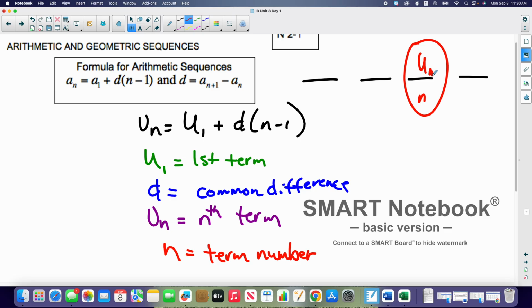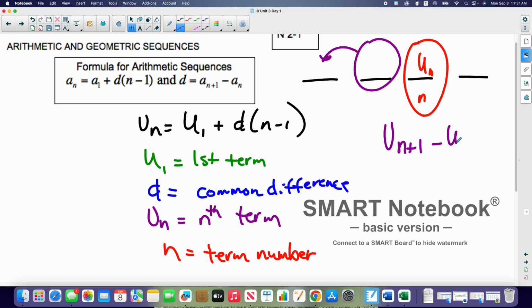All right? Now, how do I find my common difference? A lot of times with common difference, we're going to be able to look at it and see it. But if I'm struggling to find it, I'm going to take UN plus 1. What do you think UN plus 1 means? The next number, okay? So I'm going to take this number right here, that's UN plus 1, and I'm going to subtract the previous number from it.